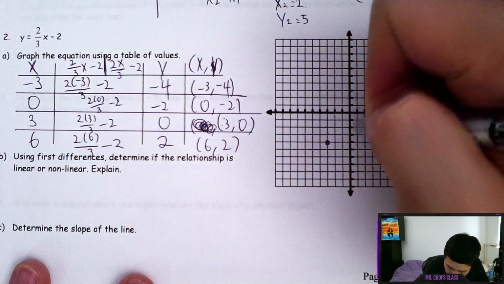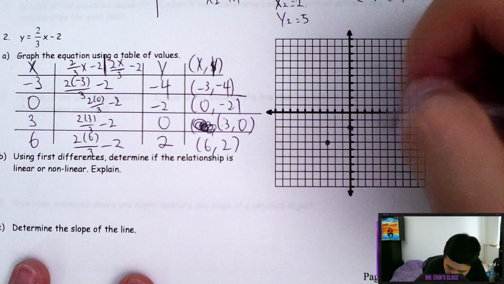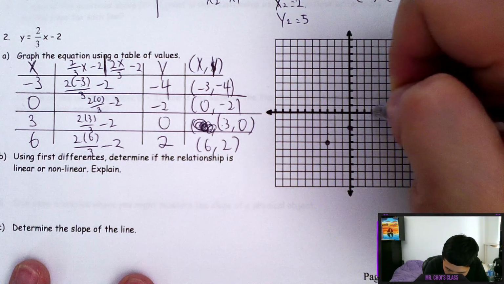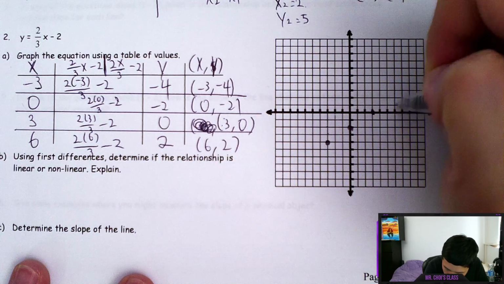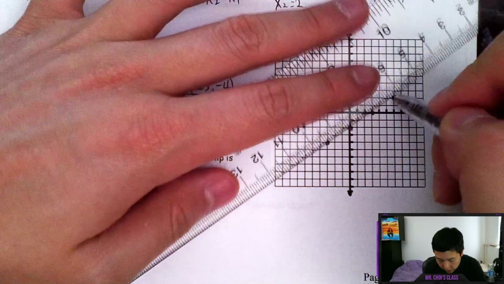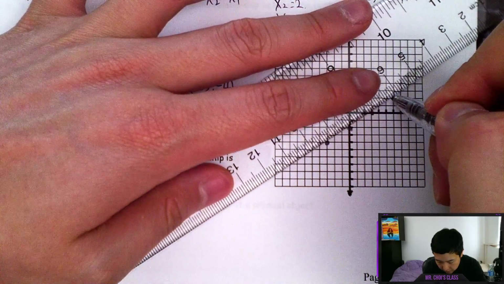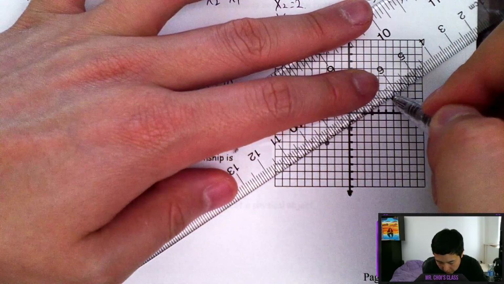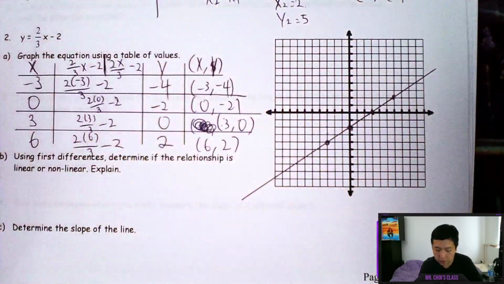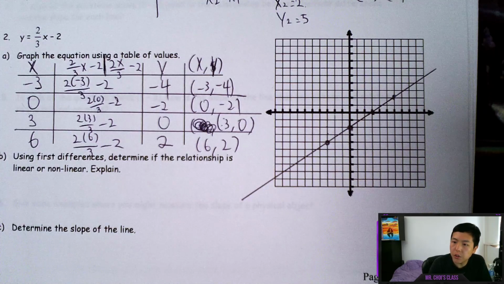So hopefully those are the values you got, which means your graph should look something like this. And you should get a nice straight line like that. And there we have our nice straight line.